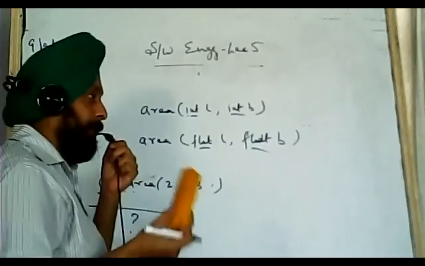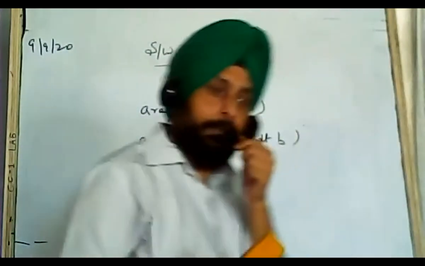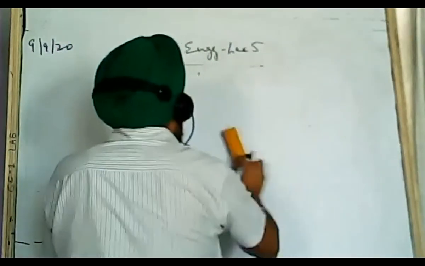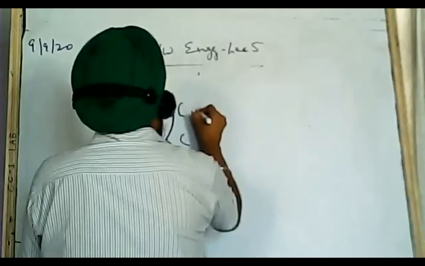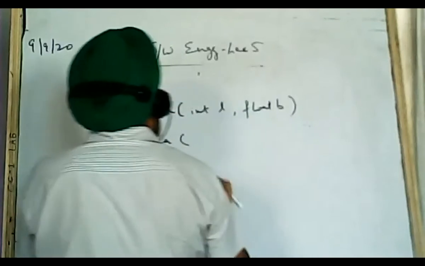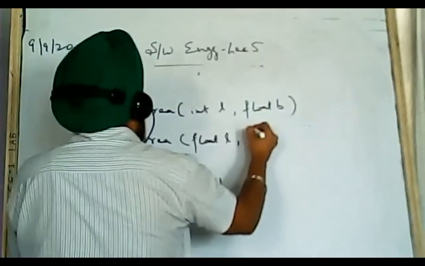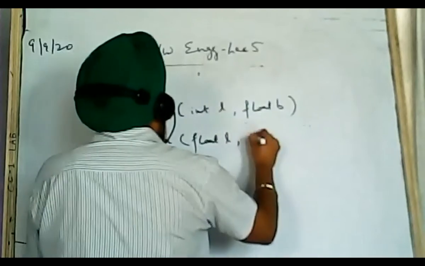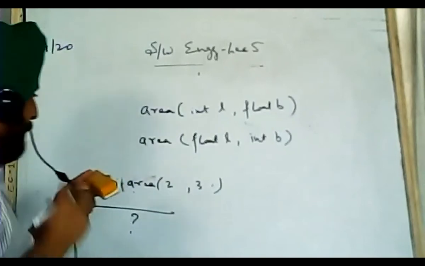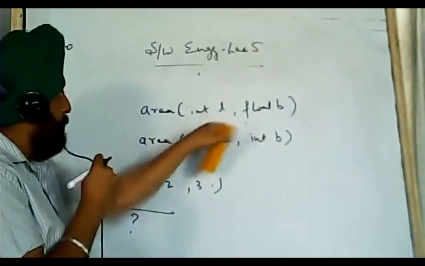The third type is if the number of arguments is the same and the data type is also the same, then we can have a different sequence of the arguments. Just see how we can achieve that also. Here it is int L and float B, another is float L and int B. Both areas have the same number of arguments and the same data types, int and float, but the sequence is different.